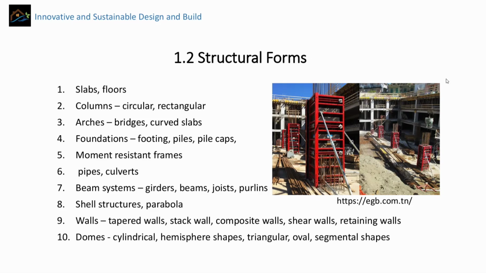So imagine various types of forms, various types of regular and irregular geometric shapes, and of course, we can use the forms in those desired shapes and structures. Then, covering them with concrete, we can get the desired structures.